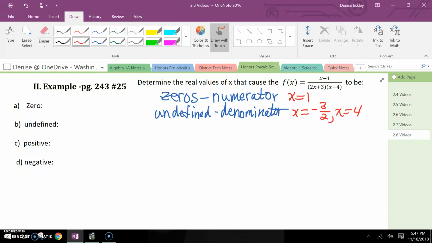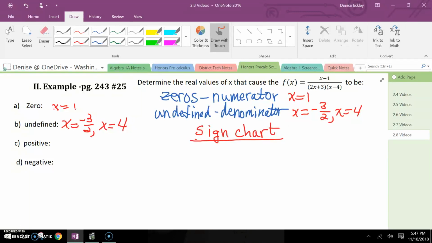So we've now answered parts A and B of the problem. Our 0 is at x equals 1, and our undefined values are at x equals negative 3/2 and x equals 4. So to solve the other two parts, we're going to use a sign chart, just like we did with our polynomials, but we're just going to add a few more details for clarity.